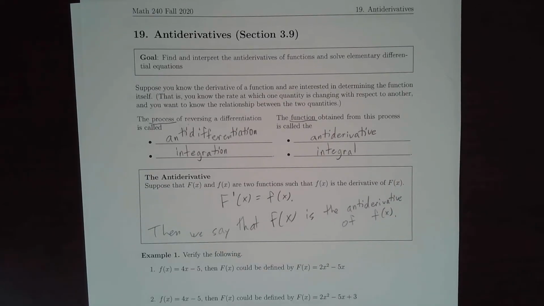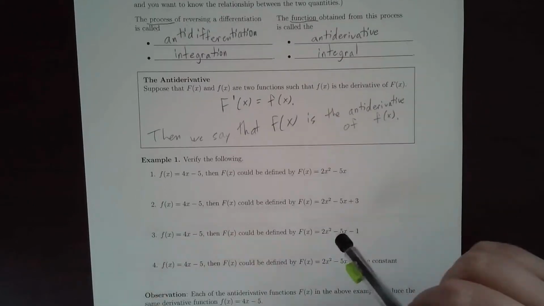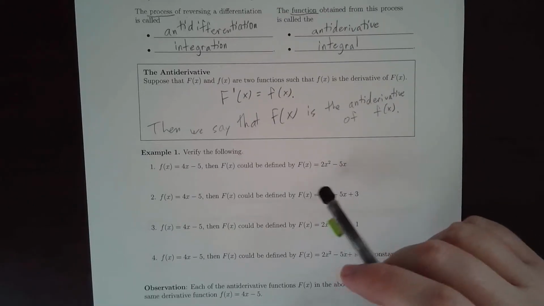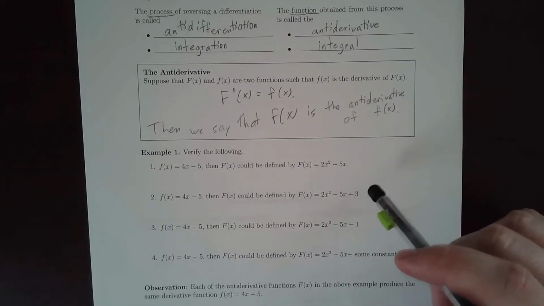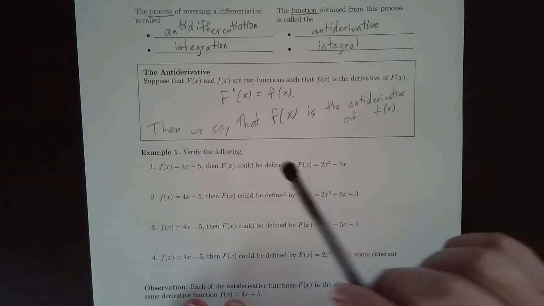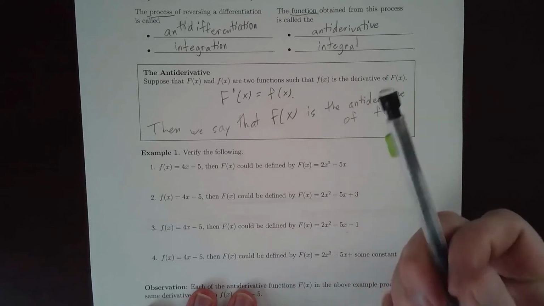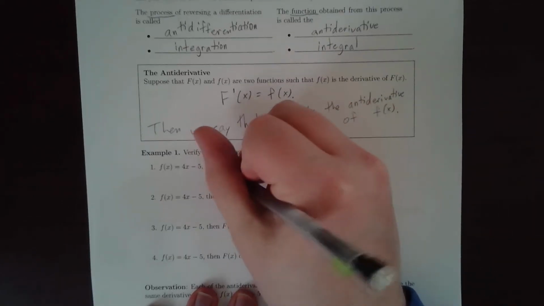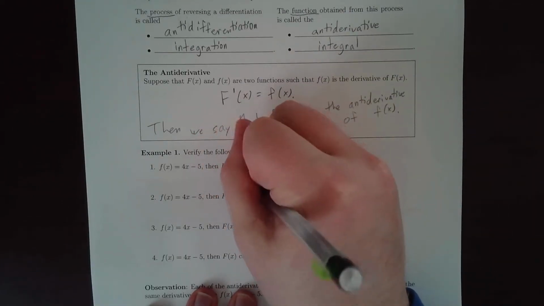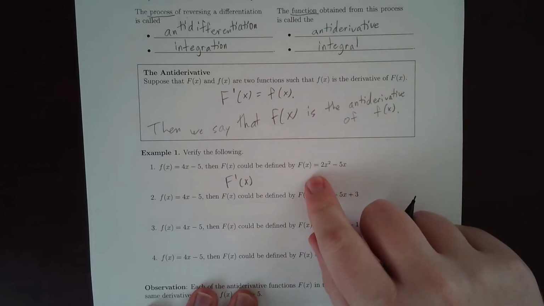So here's a way we can verify this. Say we've got some function big F of x, which is 2x squared minus 5x. We want to verify that this is the antiderivative of 4x minus 5. How do we do that? We take the derivative of big F of x.